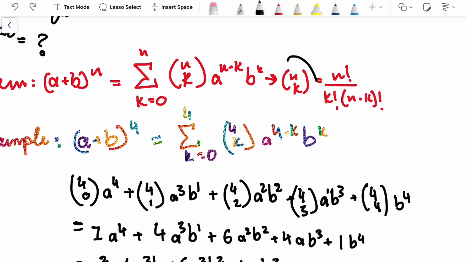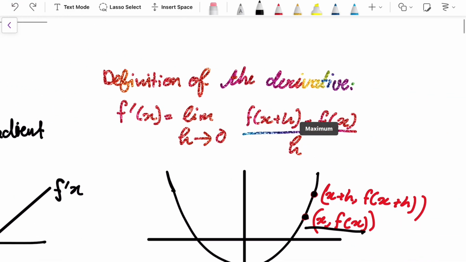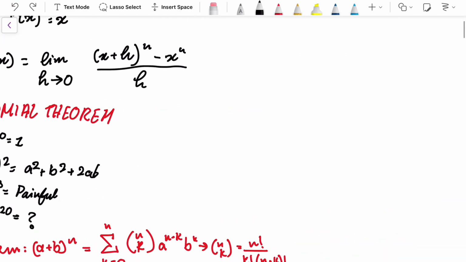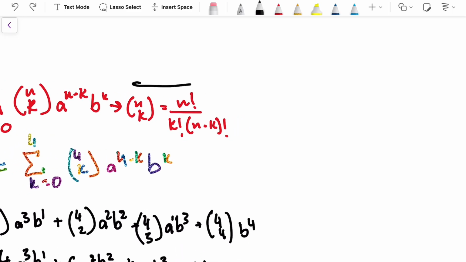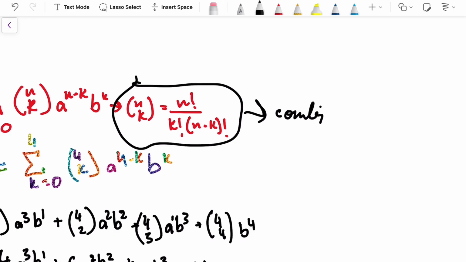Basically, n choose k, what does this really mean? This means n factorial divided by k factorial times (n minus k) factorial. If you have seen my video previously, this is the combination formula.